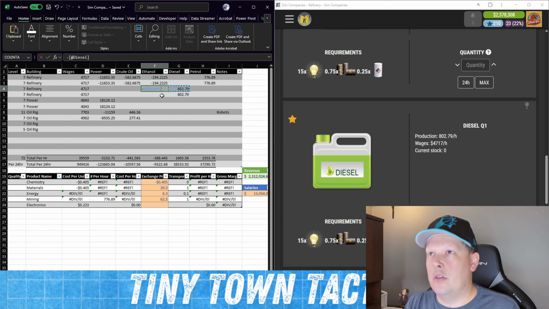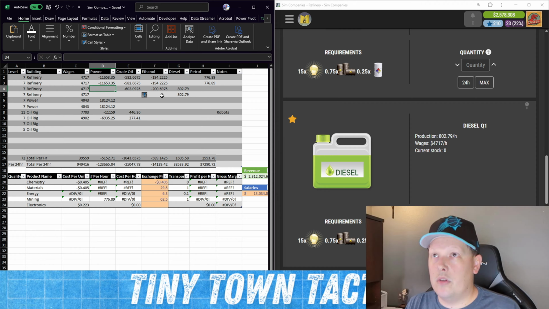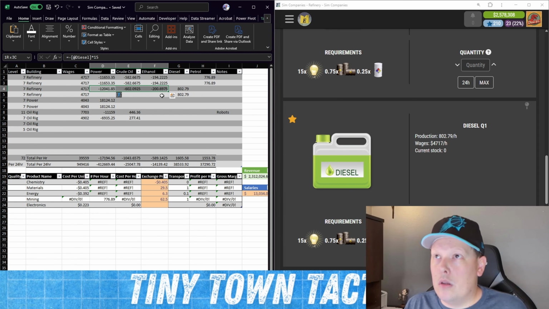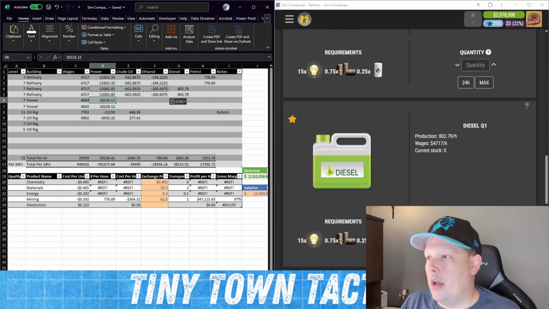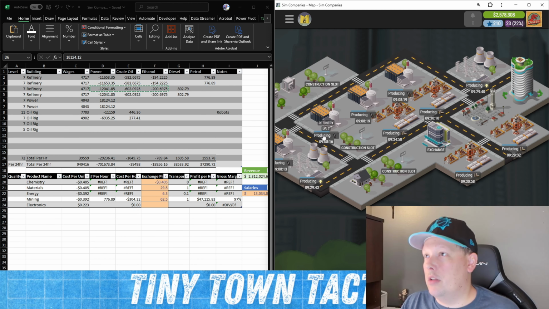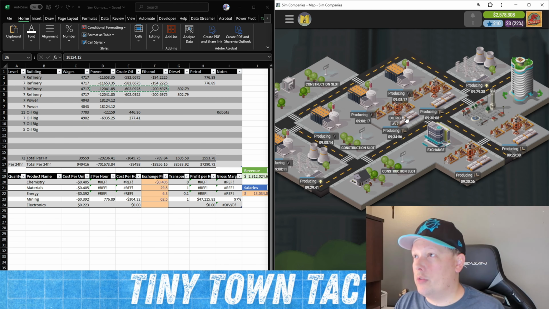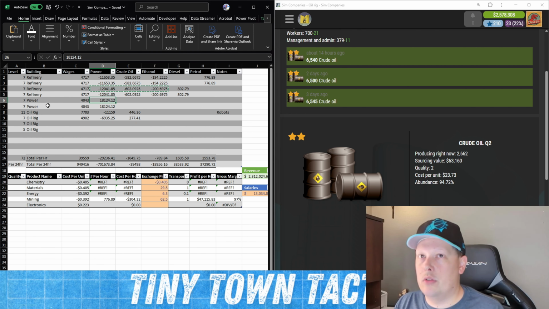So this divided by 4, this times 0.75, and this times 15. So in my, well, I still have, excuse me, more oil rigs. This one is 94.